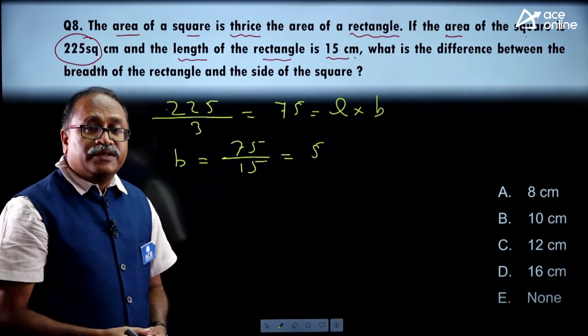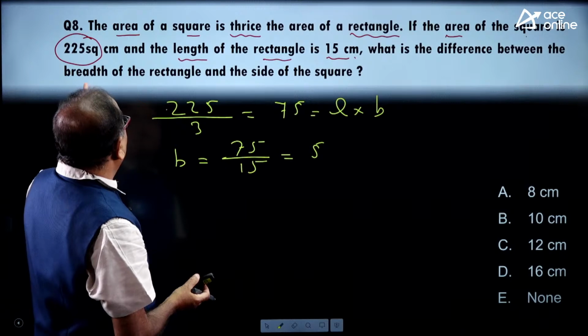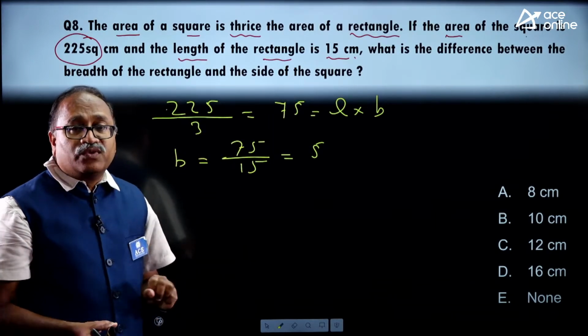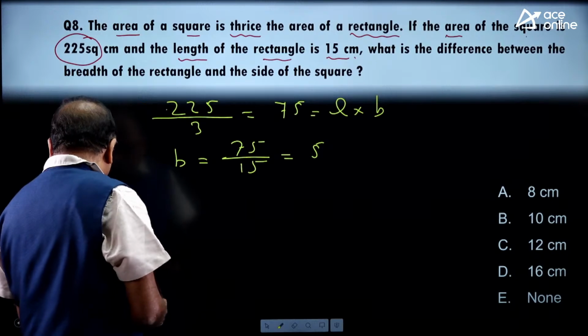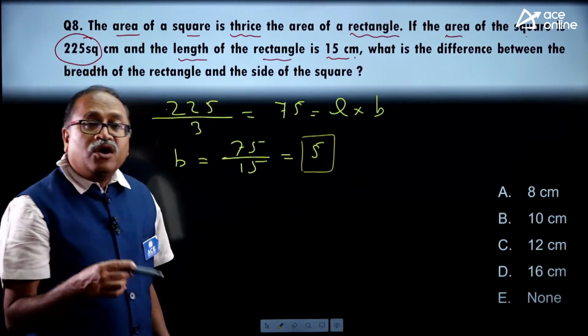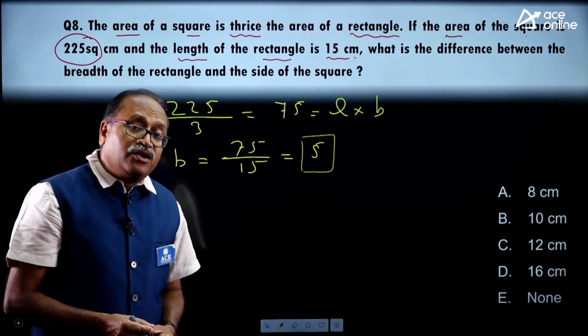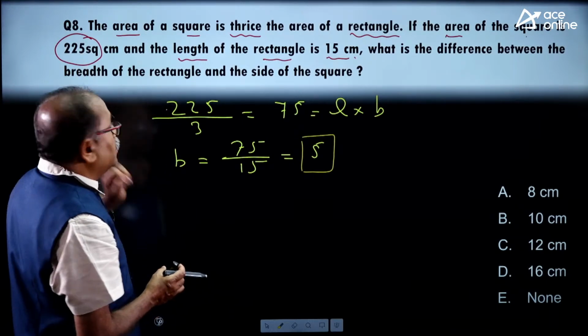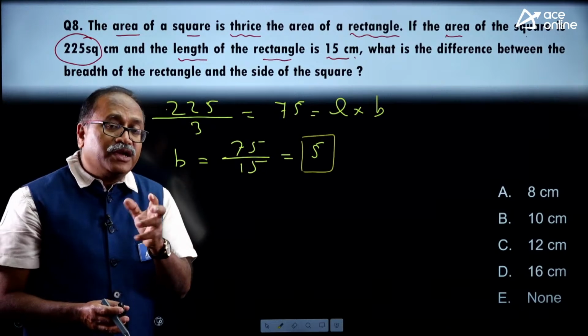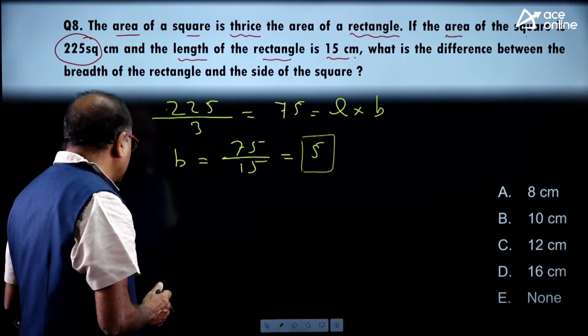This is the breadth. You are asked to find the difference between the breadth and the side of the square. I already got the breadth, which is 5. How about the side of the square? I know the square's area, so taking the square root of it, I will get the side of the square.